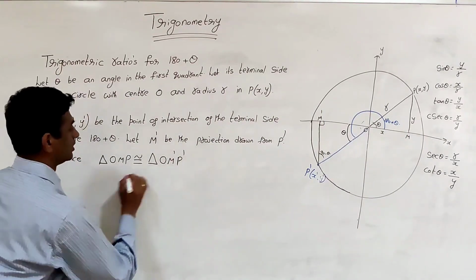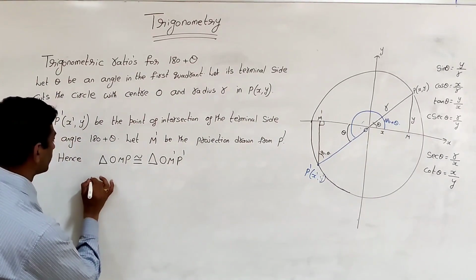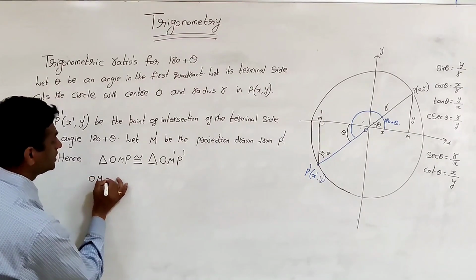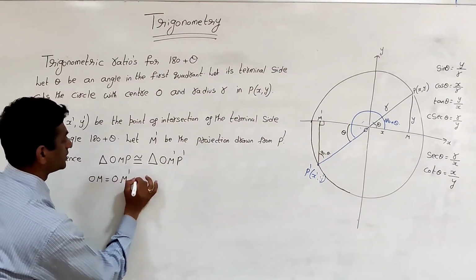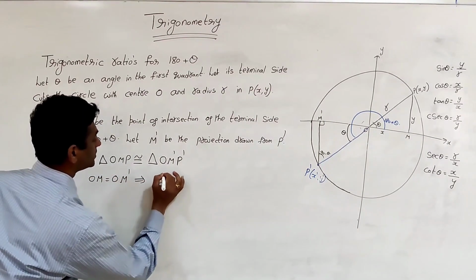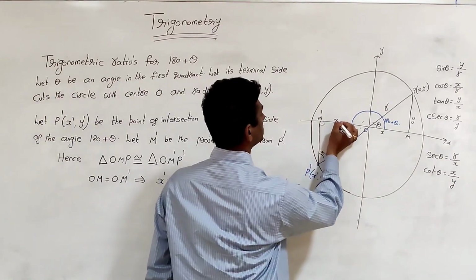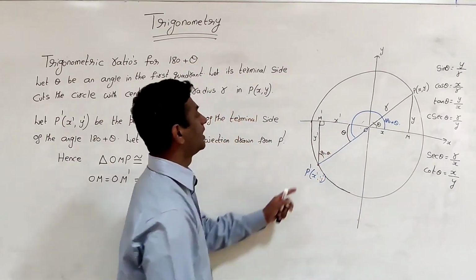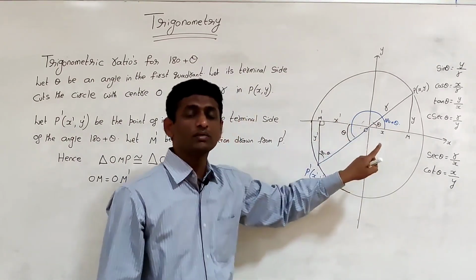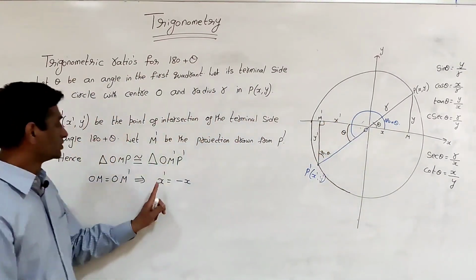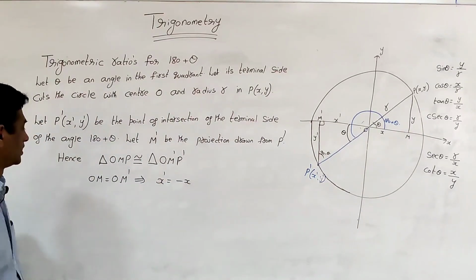So what we can have is OM is equal to OM dash, which implies x dash will be minus x. Normally this will be x dash and this will be y dash, but x dash and x are equal but of opposite sign. So x dash will be minus x.